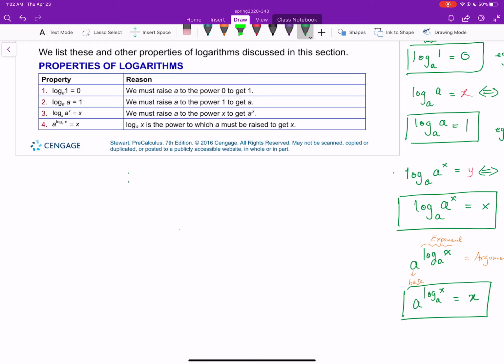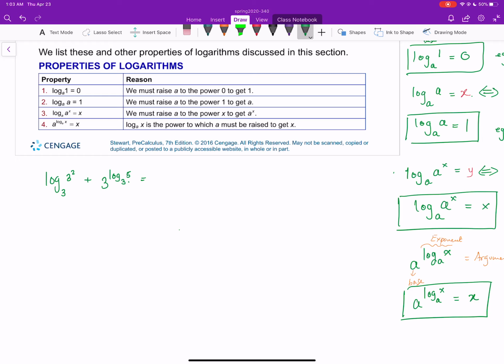All right, so my first example is log 3 of 3 squared plus 3 to the log 3 of 5.